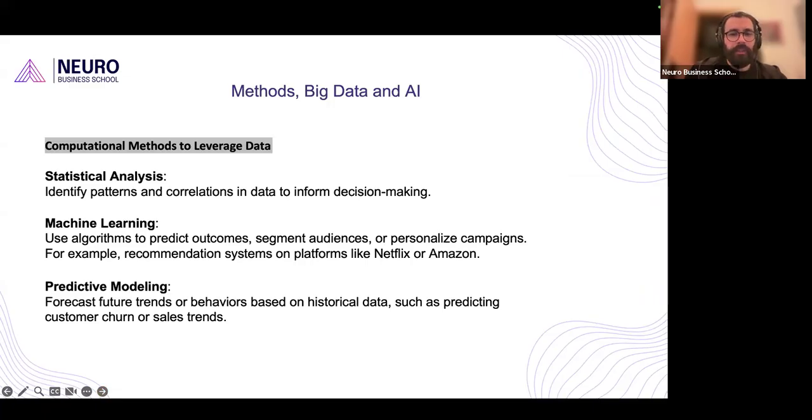Computational methods to leverage data. Well, statistical analysis, okay, to identify patterns and correlations in data. That's easy. Machine learning, when I'm talking about machine learning, actually are algorithms, okay, to predict outcomes, to be aware about the audience that you are dealing with, to forecast trends, to forecast the next big thing that will happen in your market, and so on.